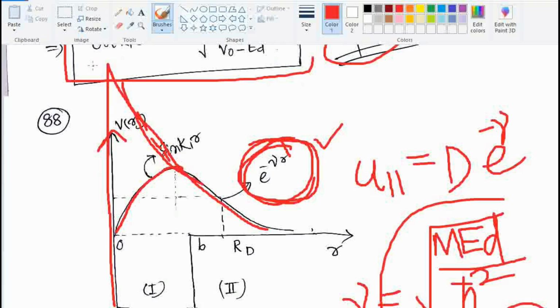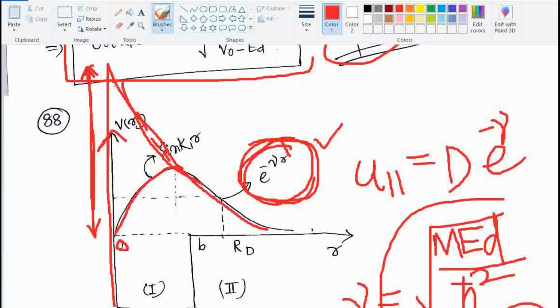This value from 0 is the value of u double 1 at r equal to 0. This is r equal to 0, and at r equal to 0 this is the value of the second wave function.